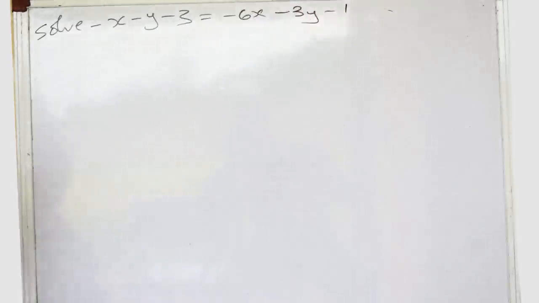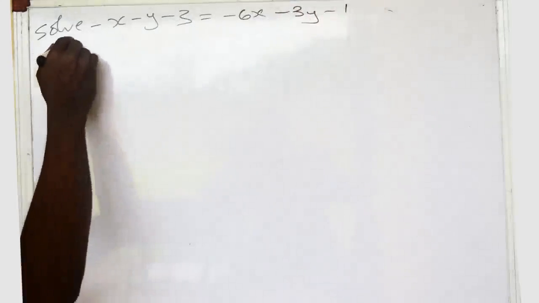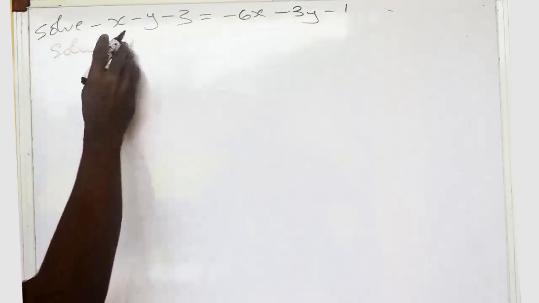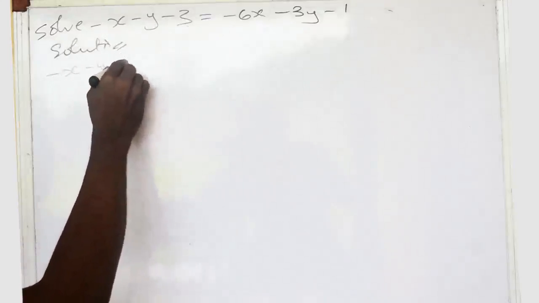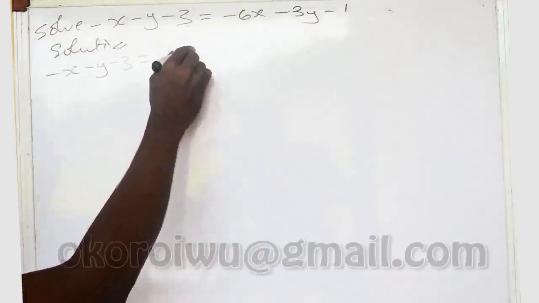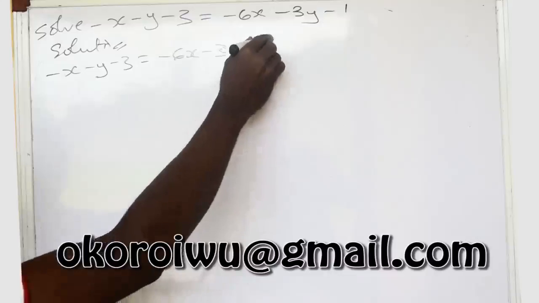If you are given this to solve, the right solution is you bring down the equation. We have minus x minus y minus 3 is equal to minus 6x minus 3y minus 1.